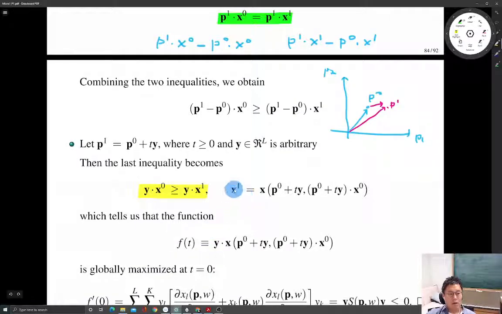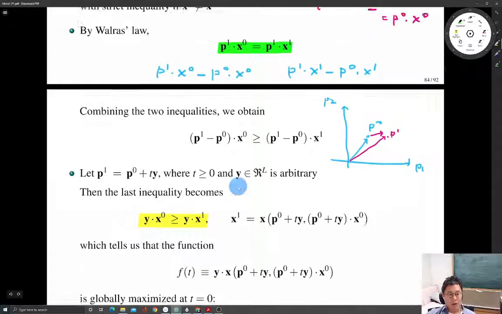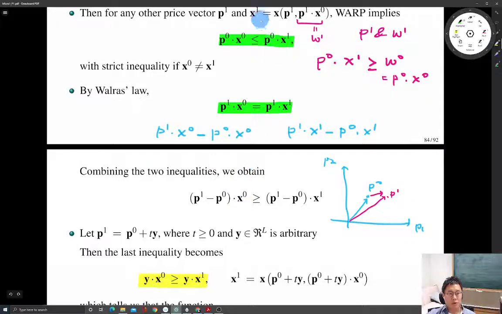And remember, x1 is the actual choice made by the consumer, the chosen bundle, under price vector P1 and this W1. Now we choose P1 as this one, so I can substitute this vector instead of P1.